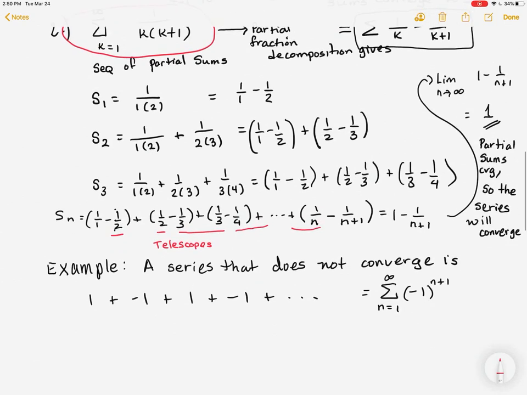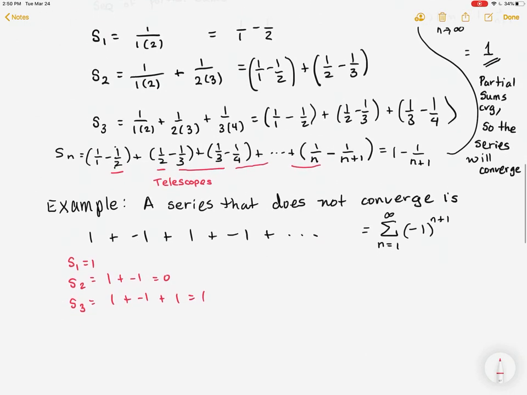Now, an example of a sequence of partial sums that does not converge is just adding a bunch of 1s and negative 1s together. The first partial sum S1 is 1, S2 is 1 plus negative 1, which is 0, S3 is 1 plus negative 1 plus 1, which is 1.